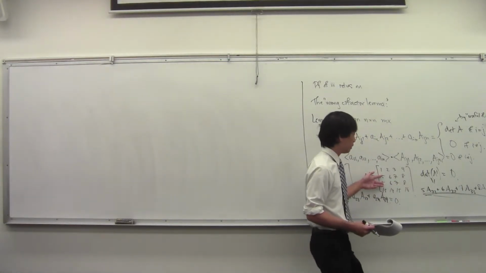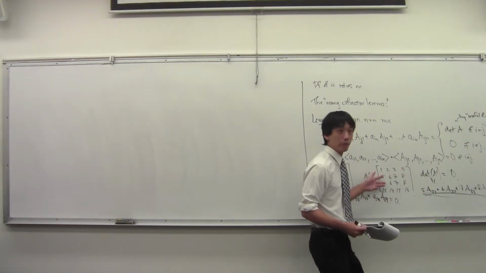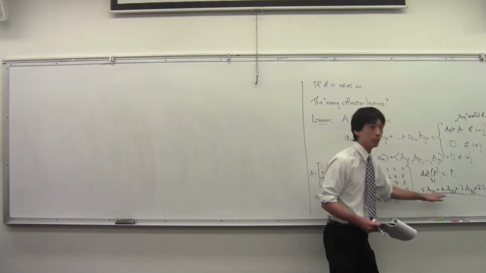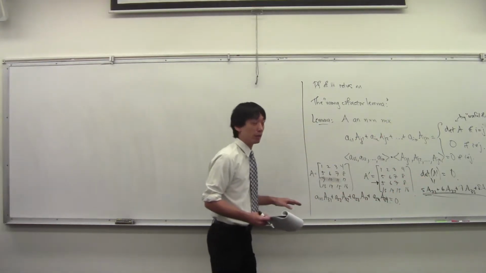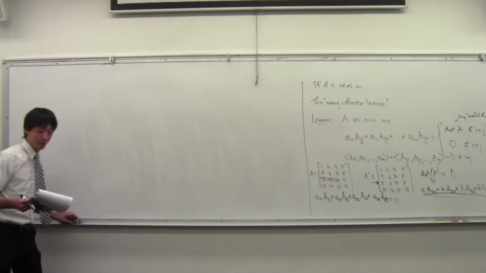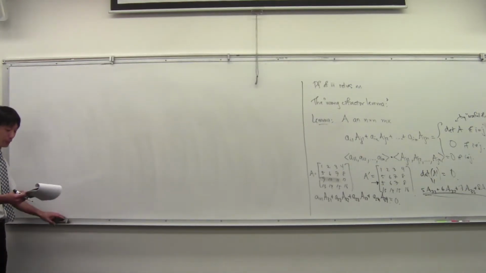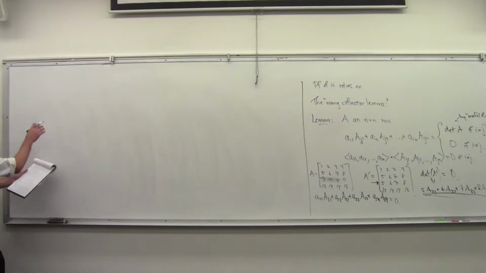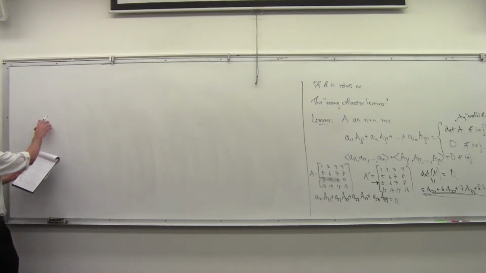But that's 0 because we know that if you've got two rows that are the same, the determinant is 0. So you would get 0. That's the proof. It's simple. Writing it out is not simple. People often get confused when you write it out, but it's actually pretty straightforward.